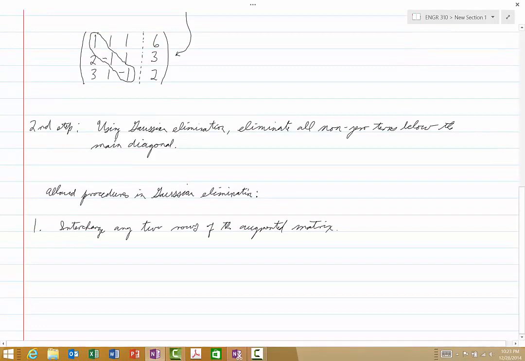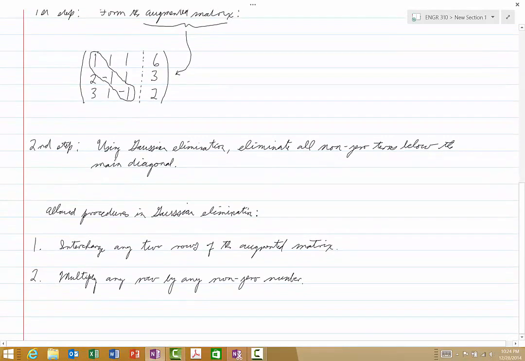The second procedure is that we can multiply any row by any non-zero number. So, for instance, we could multiply the entire second row by 7, or we could multiply the entire third row by 3.4, or whatever we wished.